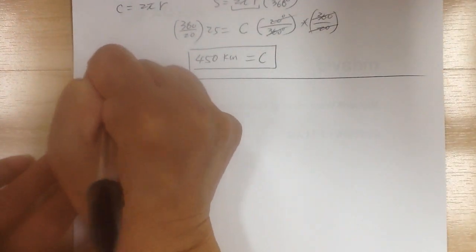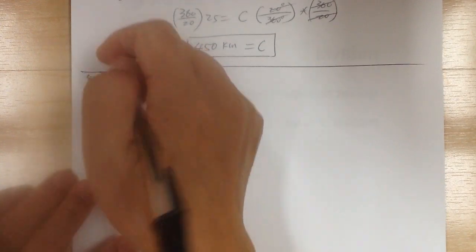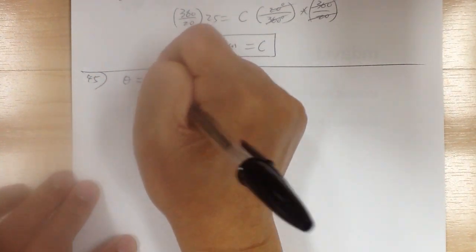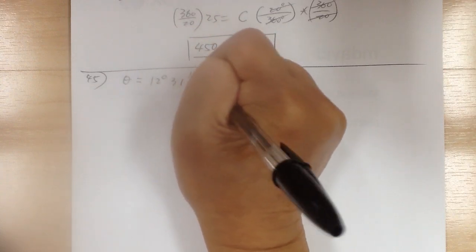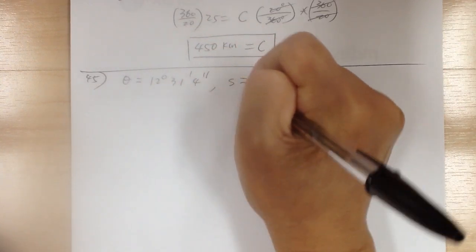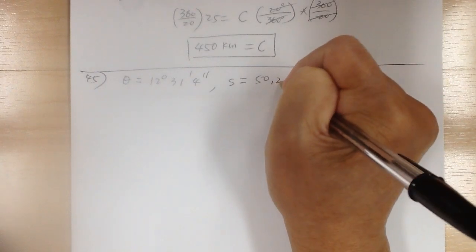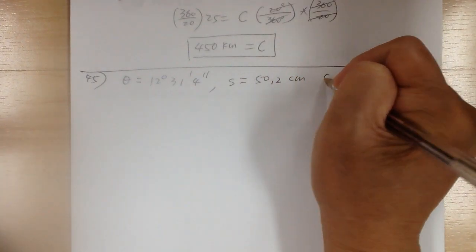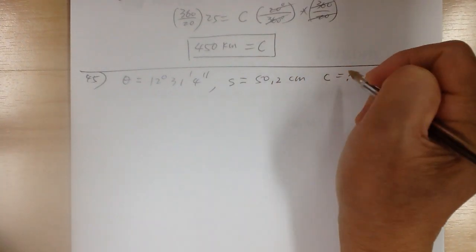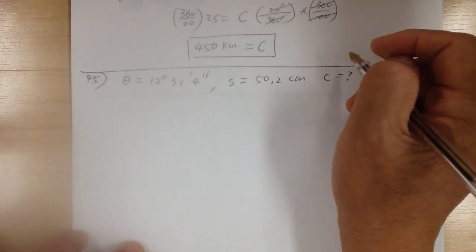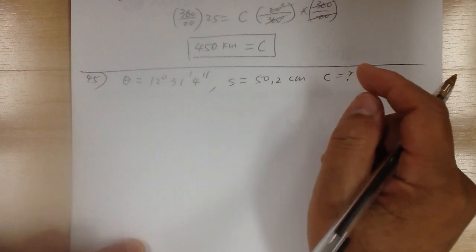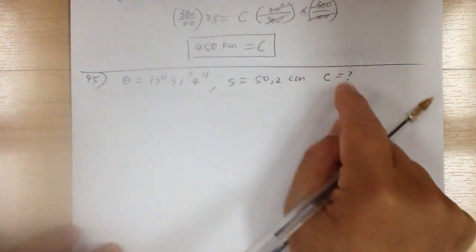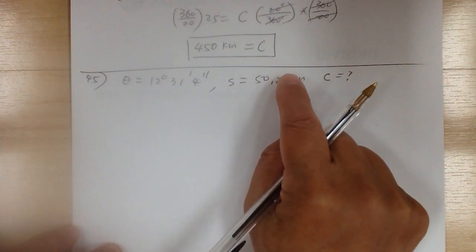Okay, number 45. You have theta equal to 12 degrees, 31 minutes, 4 seconds. S equal to 50.2 centimeters. You're looking for C equal to question mark, and you want to round it off to the nearest 10 centimeters. So this is similar to that, so we can use the same method.